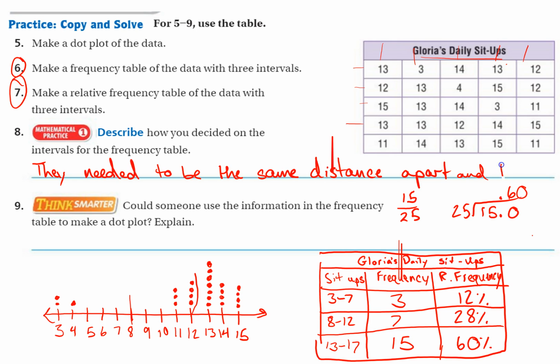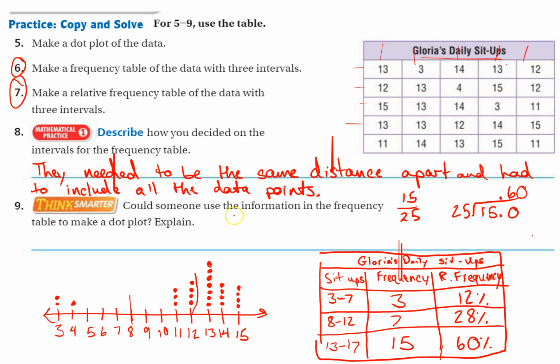And had to include all the data points. Yeah, it's okay that none of them got up to 17, but this range would at least guarantee that I included all the data points.